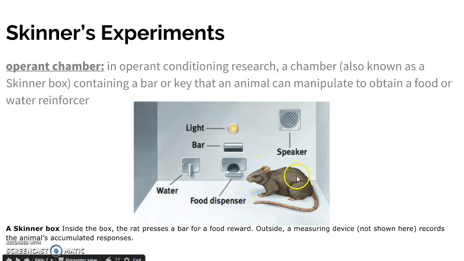So he put these rats in a chamber, a box called a Skinner box, and let them figure out that if they push down on this bar, food or water would come out. And then he used things like the light and the speaker to also help reinforce that behavior.